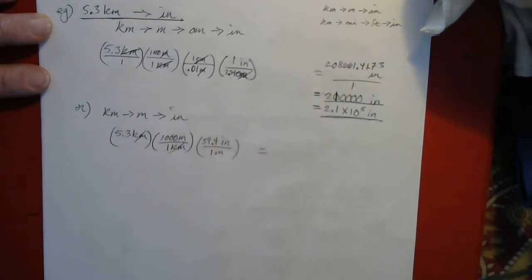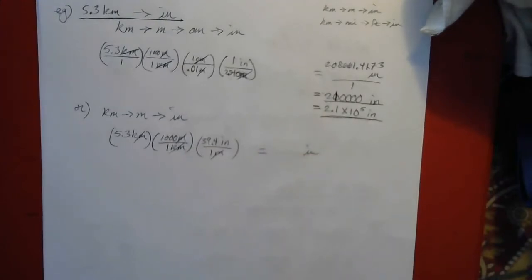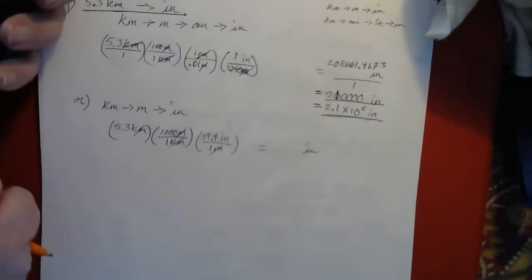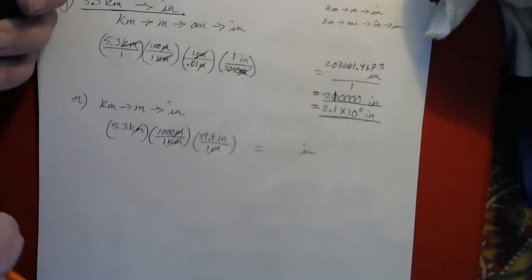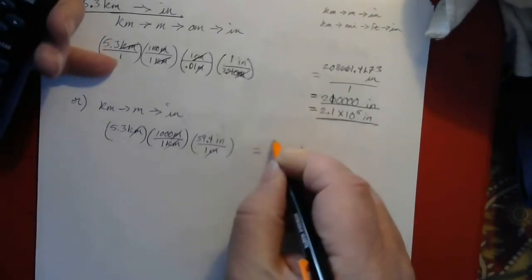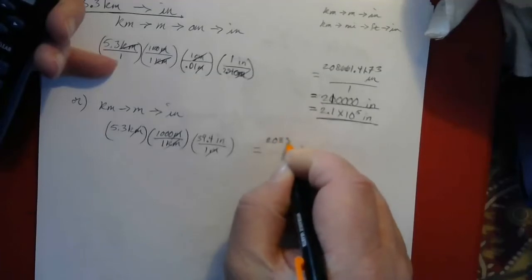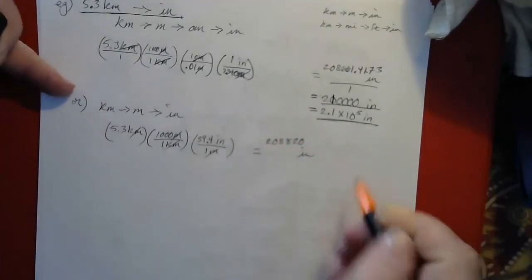So we'll call it 39.4 inches per meter. Meters cancel with meters, and we have inches. If we have 5.3 times 1,000 times 39.4, we get 208,820.